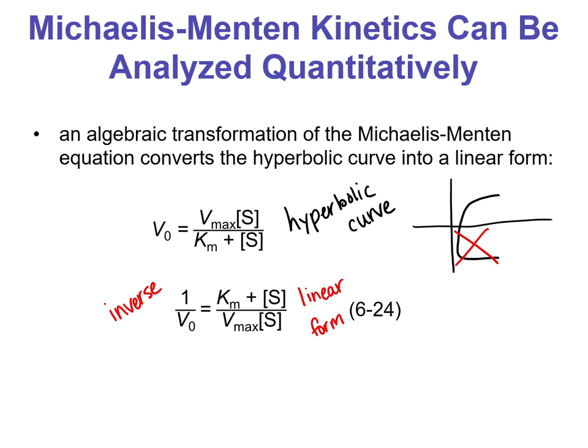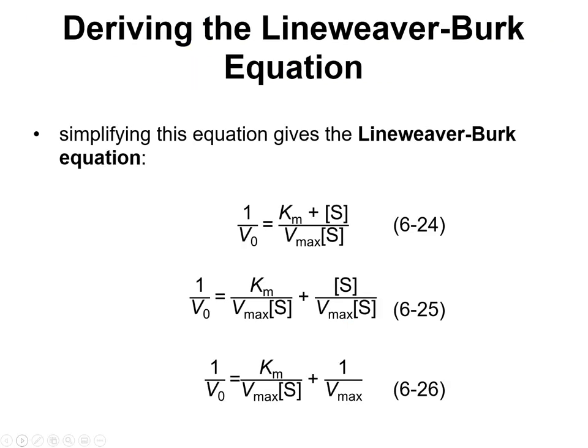I'm not going to walk through the math on what that looks like, but here it is. You can simplify that inverted equation, and then you get the Lineweaver-Burk equation. You'll also see it called double reciprocal plot. Those are both the same thing.